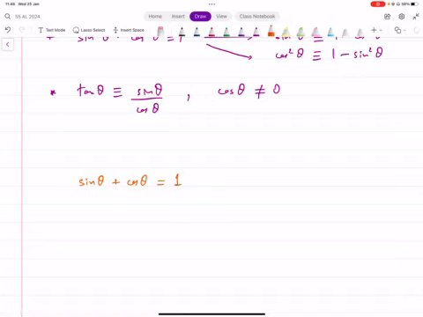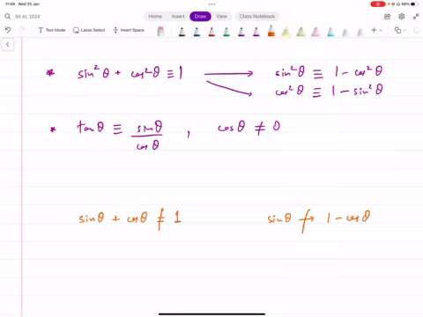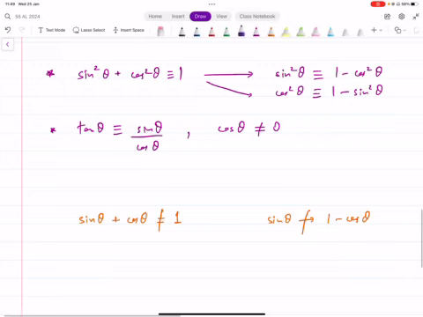That's not true. Right? So a lot of people end up doing this sometimes, where in place of sine theta they write 1 minus cos theta. That's incorrect. You can't do this. Sine square theta plus cos square theta equals 1, not this. If you were to take square root on both sides, you get 1 on the right, yes, but you can't simplify this.